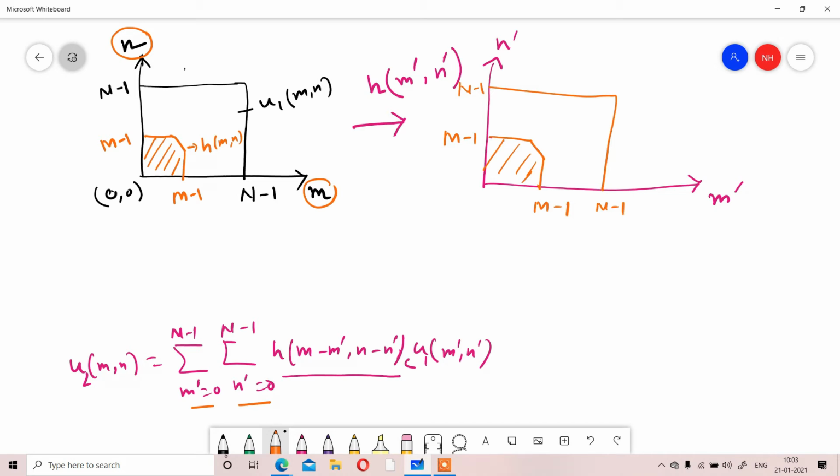Now from here, if we represent h(minus m', minus n'), what structure will you get?